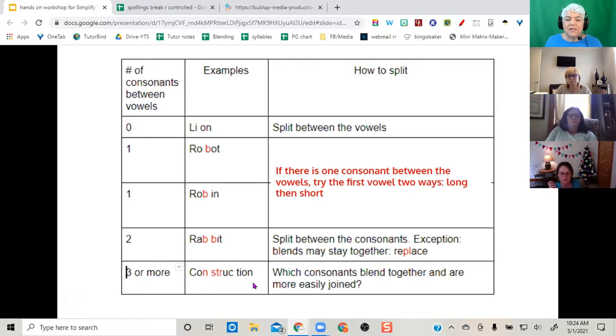So just figure out a split that works. And then as my students are learning affixes, bases, and roots and prefixes and suffixes, they'll recognize that that's a con and that's a struct, that those are probably parts that they know.